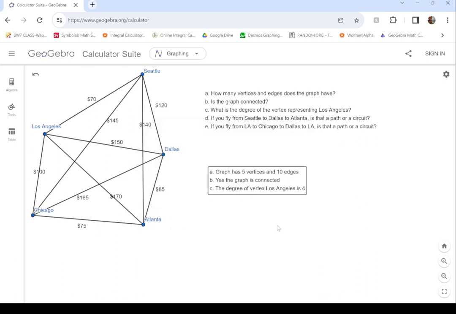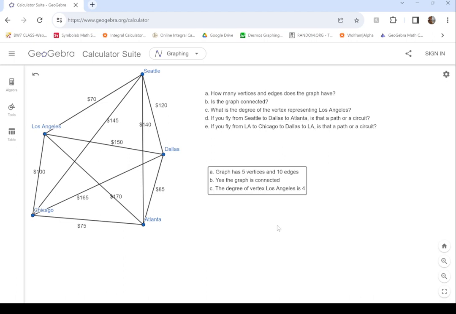And now the next one: if you fly from Seattle to Dallas to Atlanta, is that a path or a circuit? So the difference between the two: in a path, you start at one vertex and then you add some other vertex that is not the one you started with.